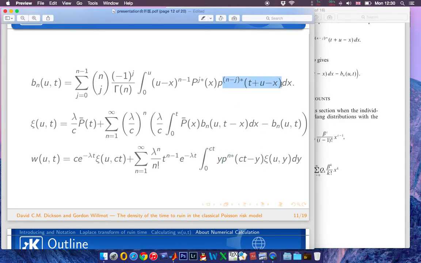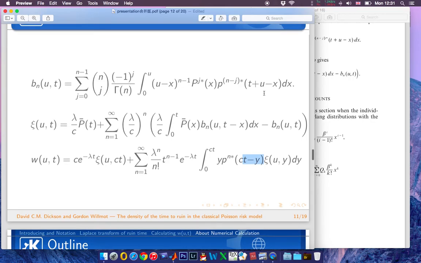Is t minus u minus x larger, or c times t minus y larger? Well, y is ranging from 0 to ct, while this x is ranging from 0 to u, so that is ct here and ut plus u here. Which one is larger? Because our idea is to build this gigantic matrix in front of everything.